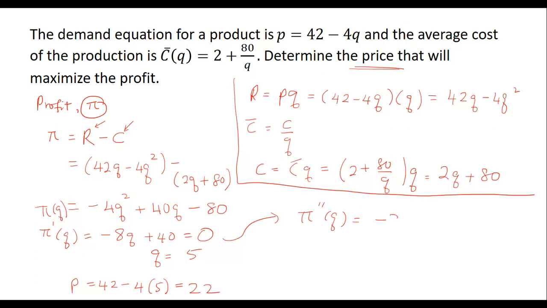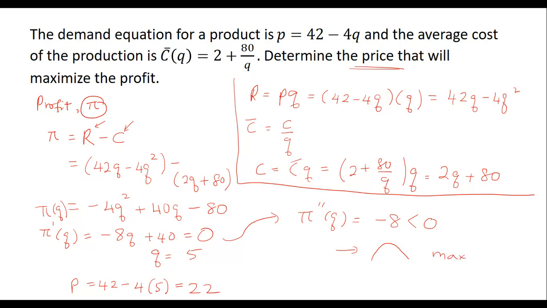So this is negative 8. So negative 8 is less than 0. And then you know when you have pi double prime that is less than 0, it will imply the maximum point, okay, the maximum profit.